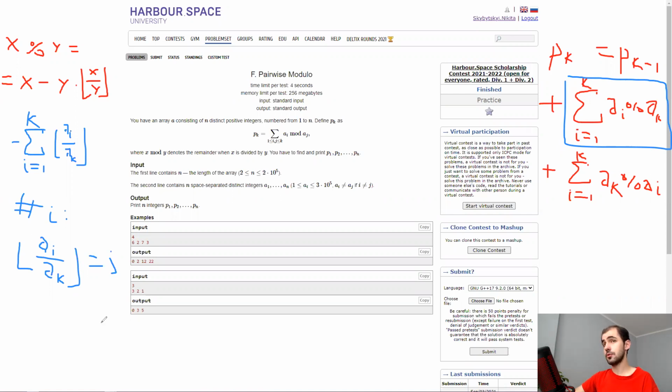How to make such queries quickly? How to count how many values of I fit in some range. And that is actually a range. If you look at it carefully, that is ak times j is at most ai, and ai is less than ak times j plus 1.